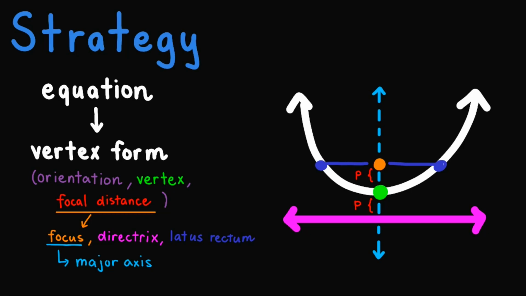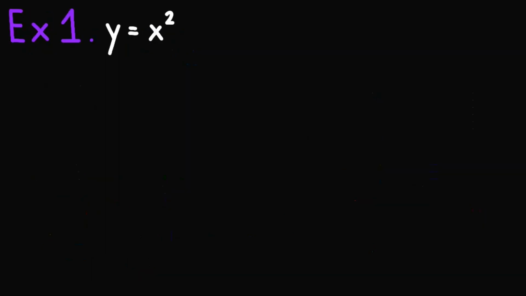So now that we have a good grasp on how we'll attack and find these parts of the parabola, let's try out some examples. So starting with this first example, we have y equals x squared. Before we try this one, feel free to pause the video so that you may try this one first on your own.